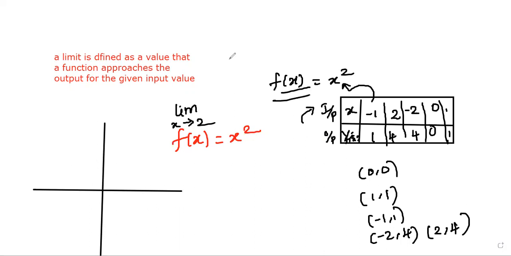I'm representing the coordinate in the form of x, y. When I substitute x as -1, I do have to square, right? Then only I'll get the f of x. -1 into -1 will give me +1. So the y should be +1, isn't it?